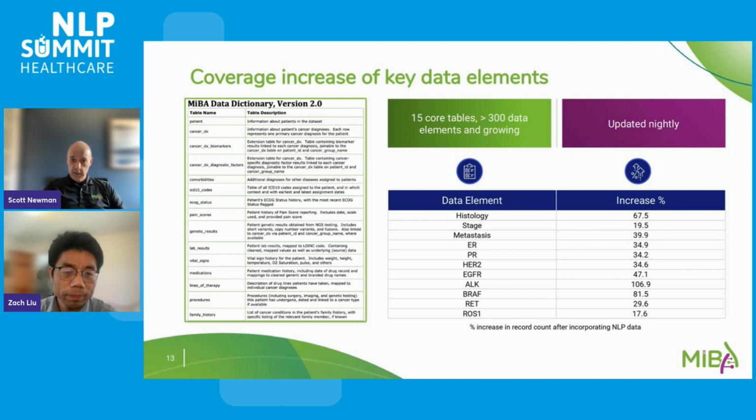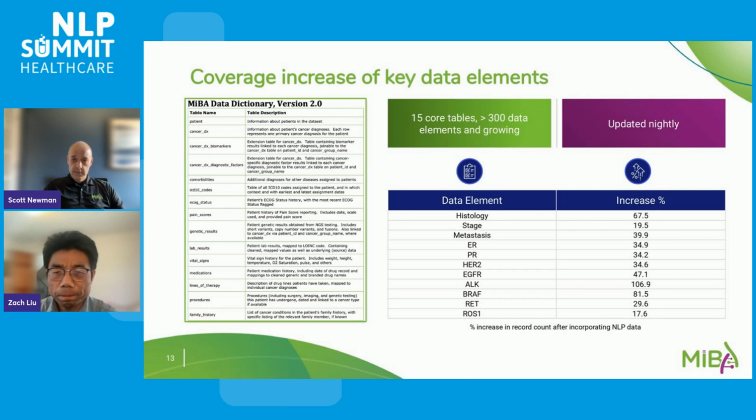The whole pipeline updates nightly, of course, and the Azure system that Zach described is in continuous deployment, running over hundreds of thousands of patients and millions of notes weekly or nightly. And you can see a rather satisfying bump in some selected data elements.